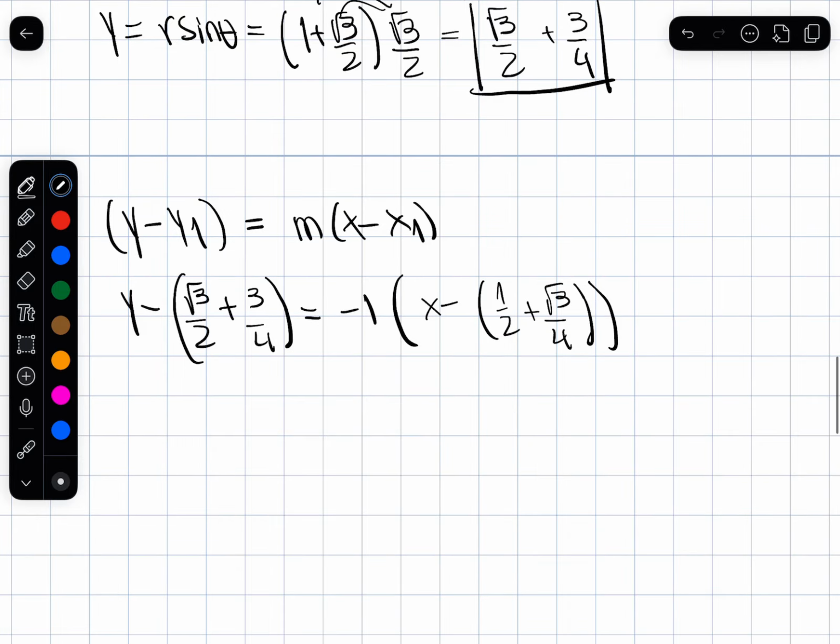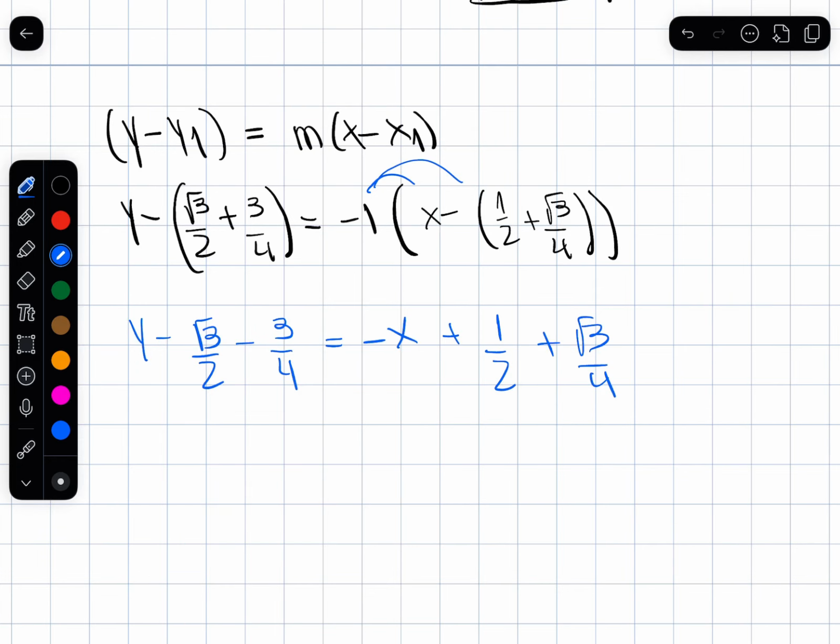And all that's left for us to do is just do some algebra. I may have made a mistake somewhere in here, so you all feel free to let me know if I have. This is plus all this, because this negative and this negative cancel each other out.